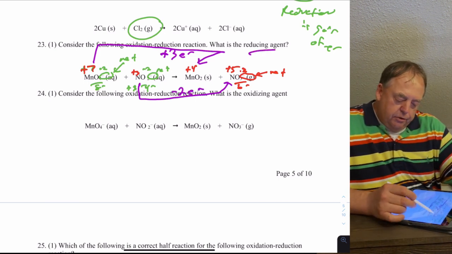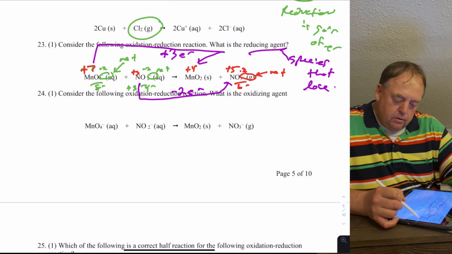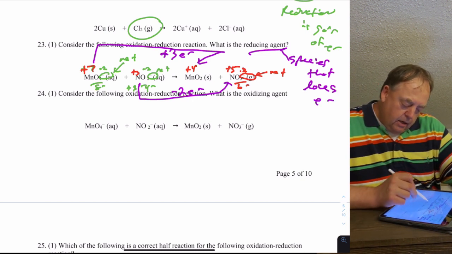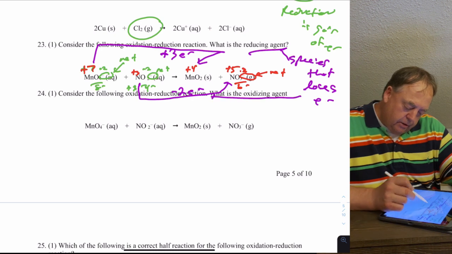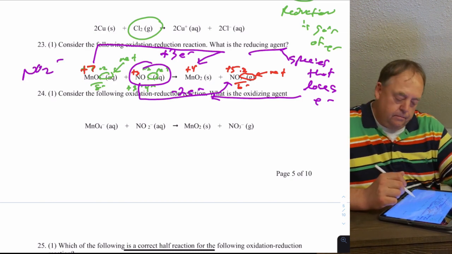Okay, so what is the reducing agent? That is the species that loses electrons. So what lost electrons in this case? That right there lost 2 electrons, so that would be NO2 minus, would be the reducing agent.